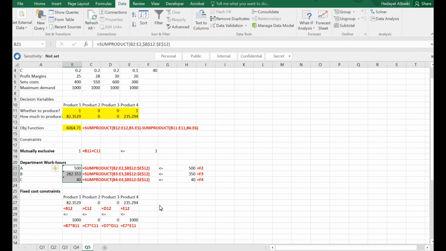Because of these two constraints, we won't be able to satisfy the maximum demand available. But that's okay. That's what it is.